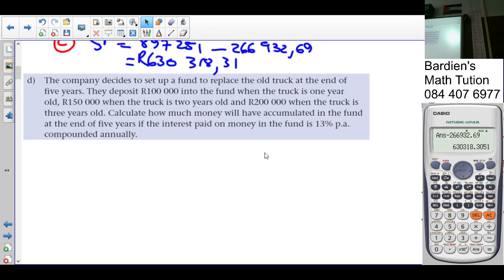But in that case, they would have to pay interest on that loan. Or they can save money from now for this 5-year period, and then in 5 years' time come to a value very close to that, and then just pay the balance of the shortfall. So if they save money over those 5 years, instead of giving out money on interest, they will be gaining money on interest. Understand?